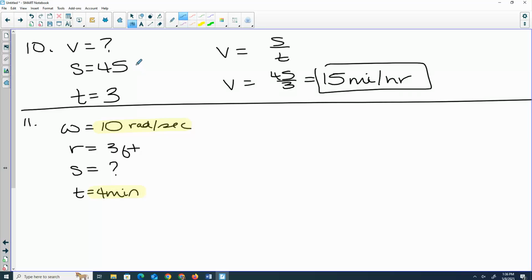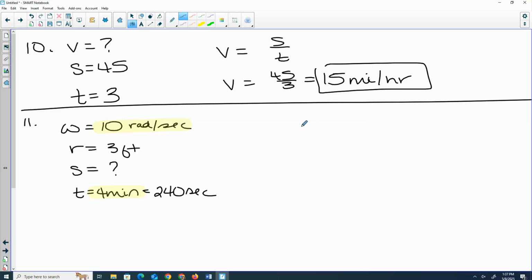So how could I get that? What would be my best option? Change that 4 minutes into seconds, so just times 60. So that's 240 seconds. You could also change this one to minutes if you chose, just divide by 60.